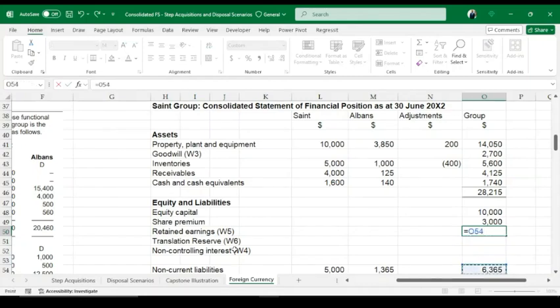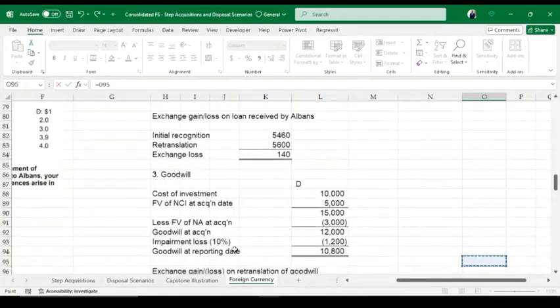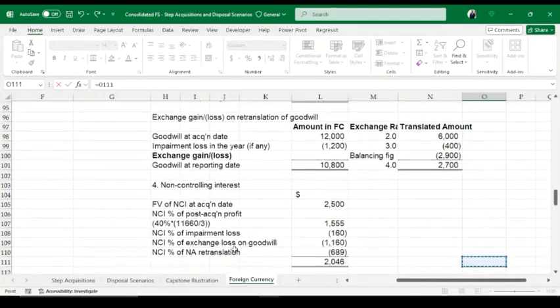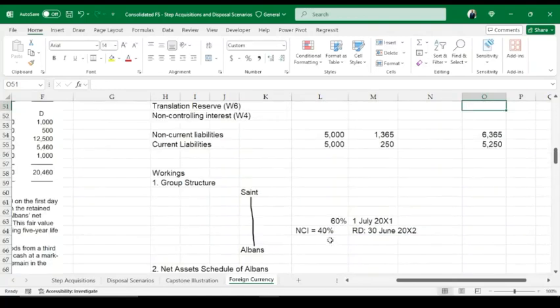All right. So let's go and fix in those figures. So for our retained earnings, we have 3692 right there. And then for our translation reserve, which is working 7, it is also there.